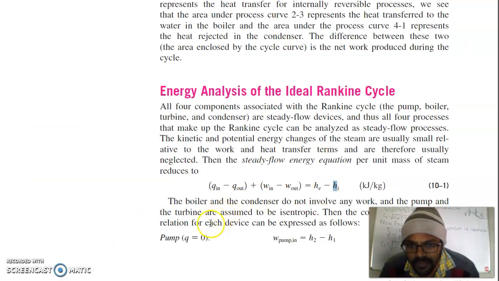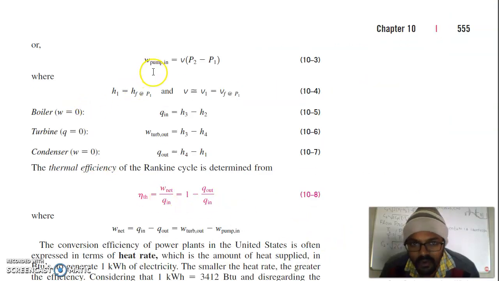As we know, in case of a pump there is no heat transfer. So you can express pump work W_pump equal to H2 minus H1, meaning enthalpy at the pump outlet minus enthalpy at the pump inlet, or W_pump is equal to V into (P2 minus P1), where V is the specific volume of the fluid at 1, and H1 is the enthalpy of the fluid at point 1 at pressure P1.